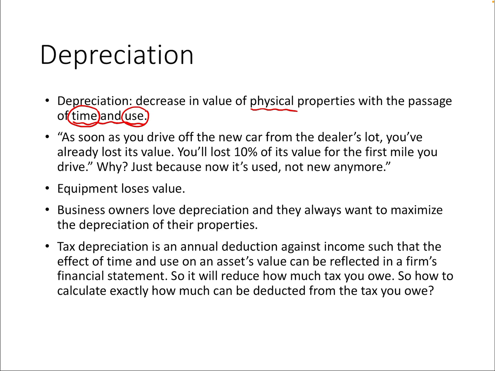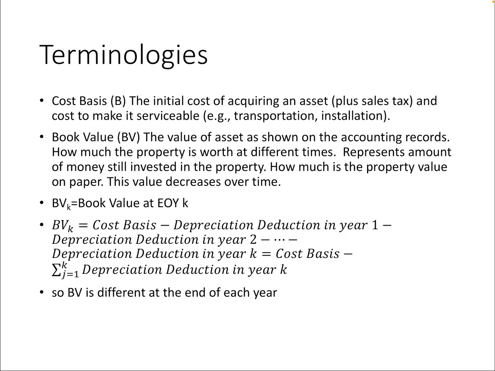And tax depreciation is an annual deduction against income, such that the effect of time and use on an asset's value can be reflected in the firm's financial statement. Okay, so it will reduce how much tax you owe. So how to calculate? And we have three methods. But before we learn the methods, we also learn some terminologies, concepts.